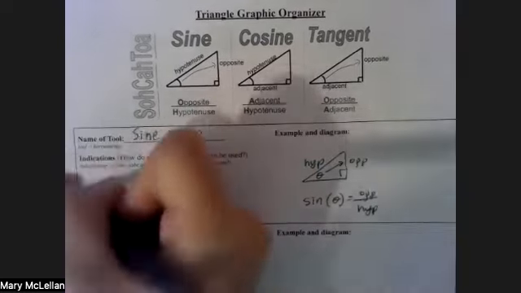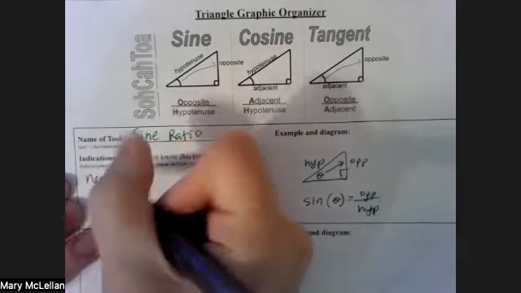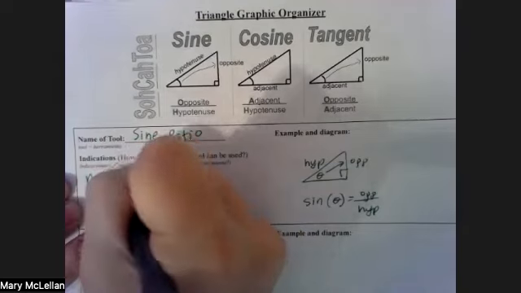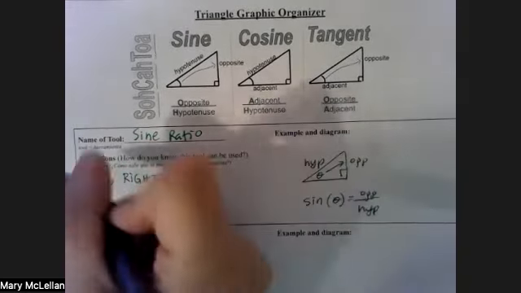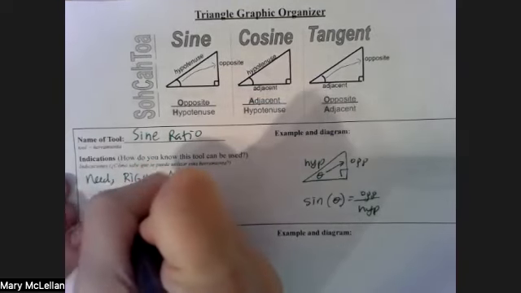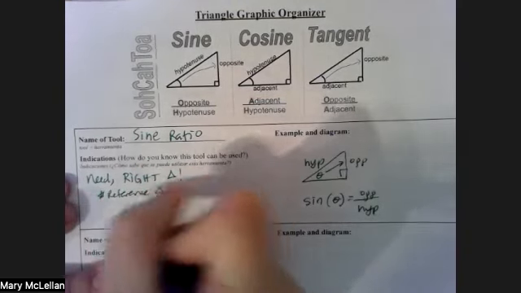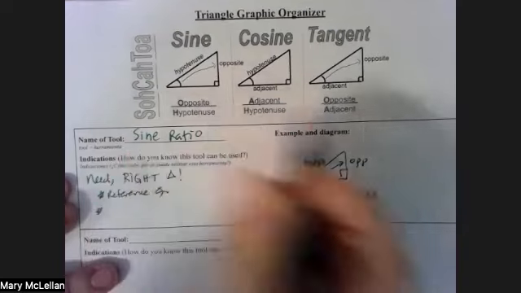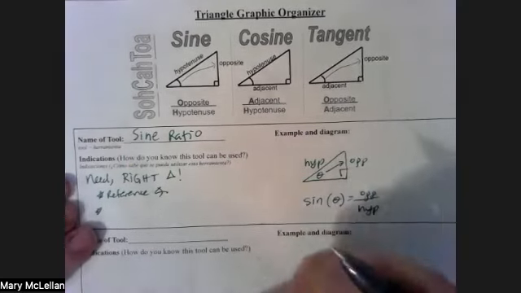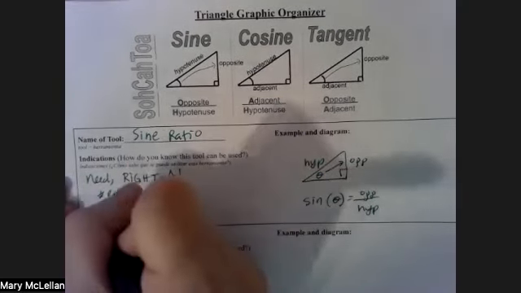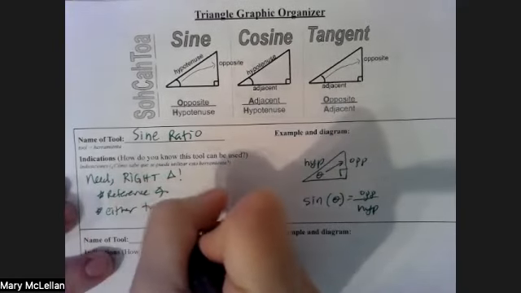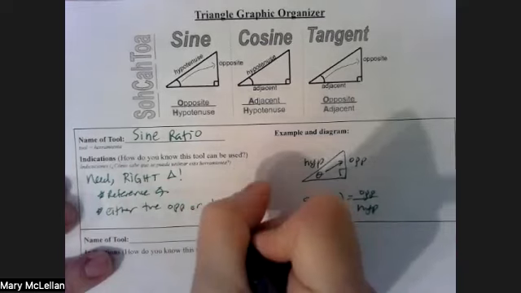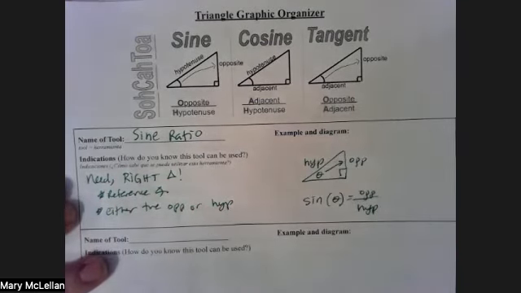And in order to use it, you need a right triangle, always a reference angle, and one part given from the opposite or the hypotenuse leg. So you either need the opposite or the hypotenuse. And whichever one you're given, you should be solving for the other.